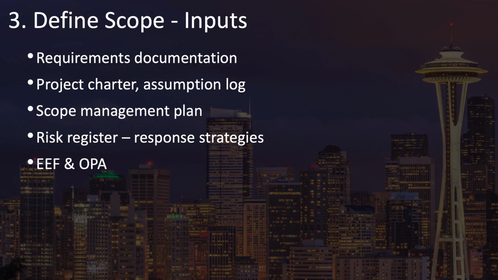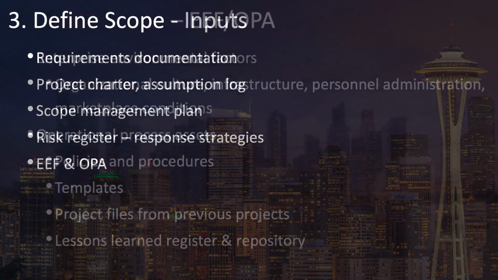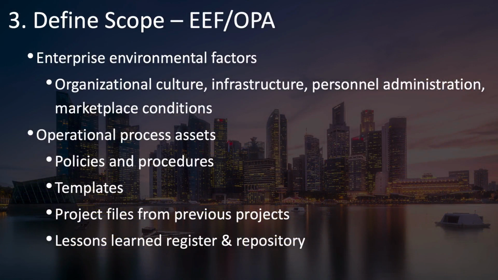There are also, of course, some enterprise environmental factors and organizational process assets that affect the definition of scope. The enterprise environmental factors that are listed include the organizational culture, infrastructure, personnel administration, and marketplace conditions.